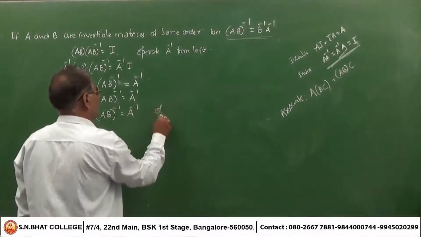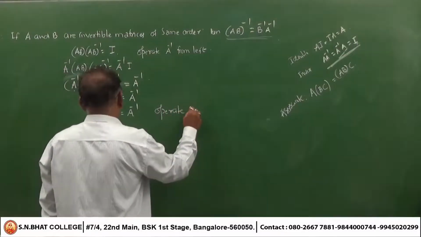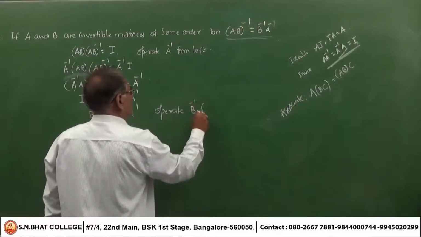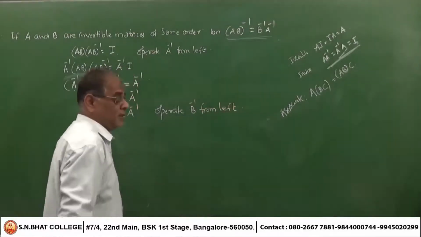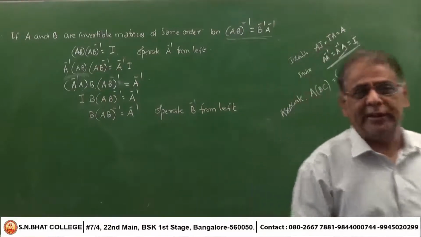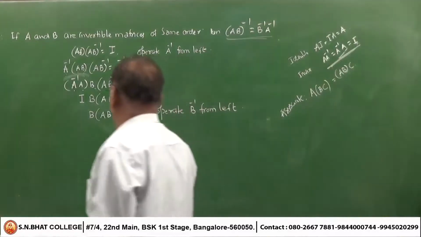Next, operate B inverse from the left. That is, multiply B inverse on both sides from the left.